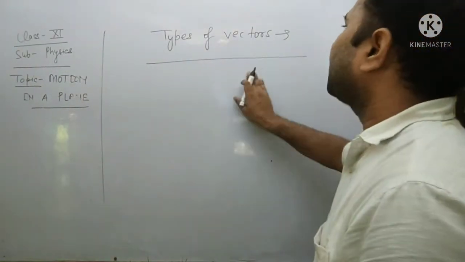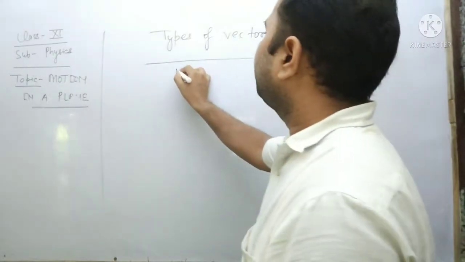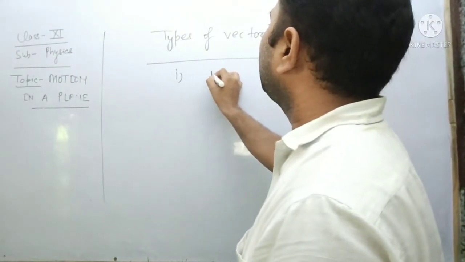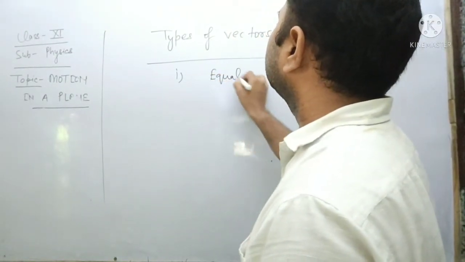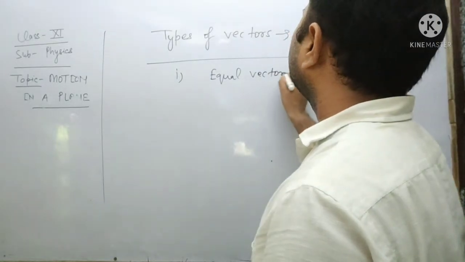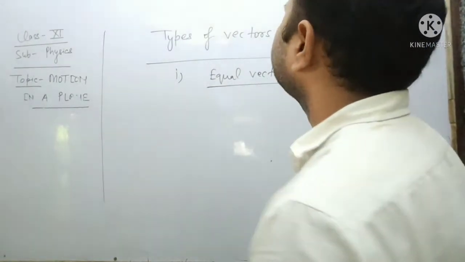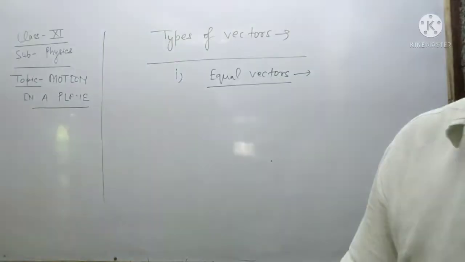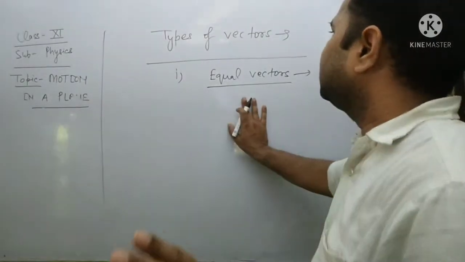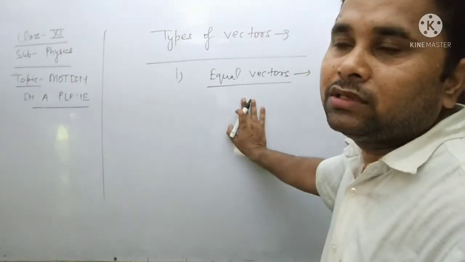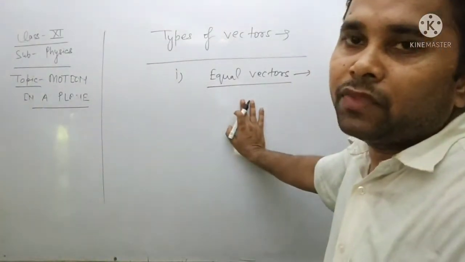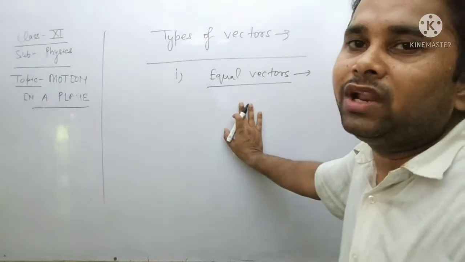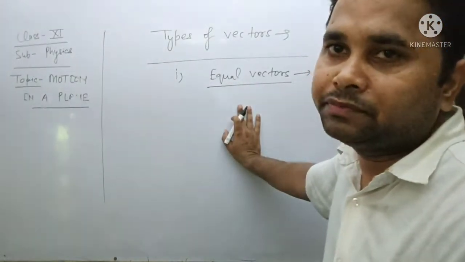Now see types of vectors. First see equal vectors. Two vectors are said to be equal when they have their magnitude and direction both equal.